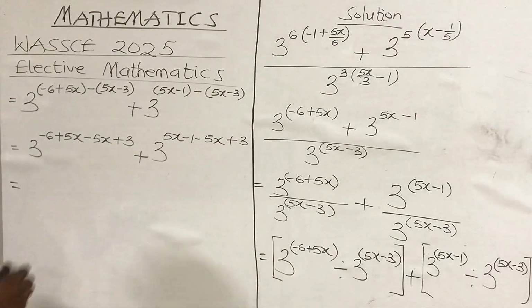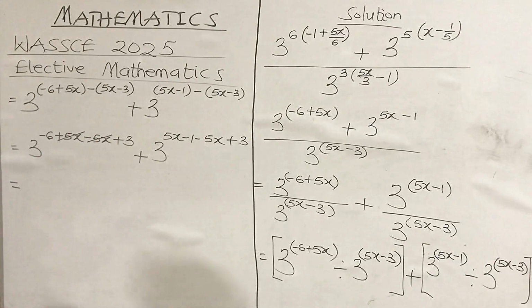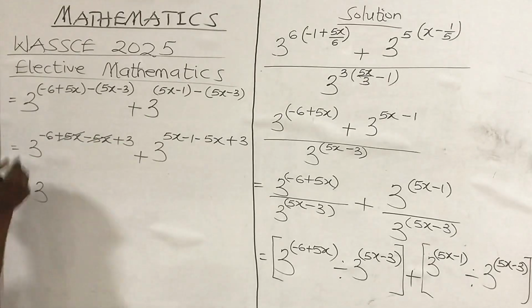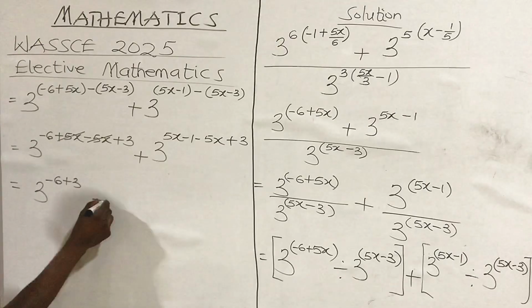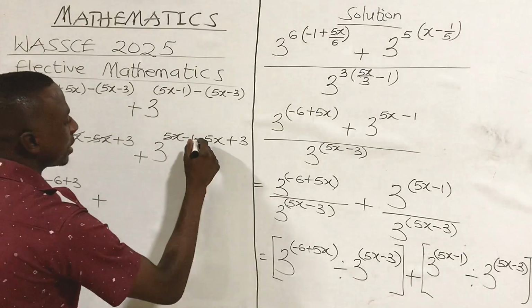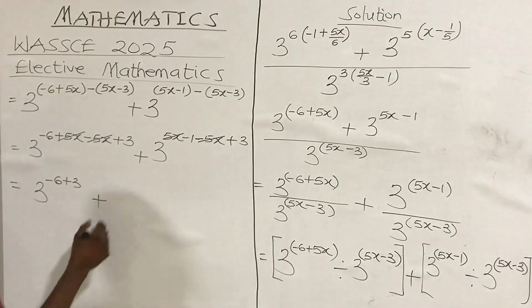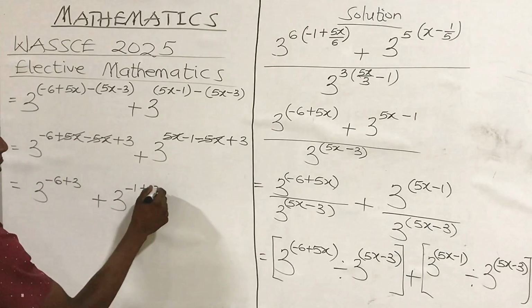So this 5x will cancel the negative 5x here. We have 3 exponent negative 6 plus 3, plus, then here the 5x also cancels the negative 5x, we have 3 exponent negative 1 plus 3.